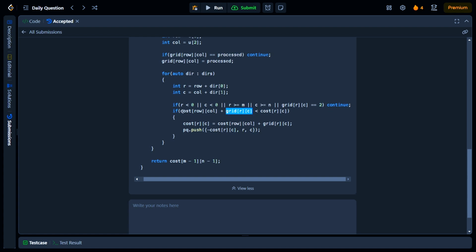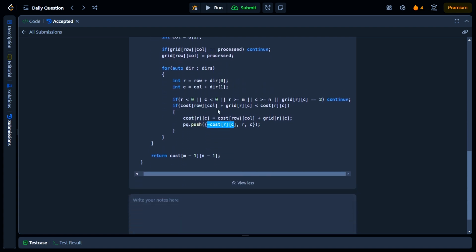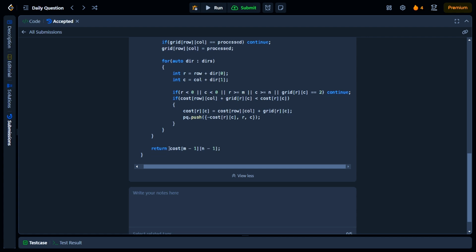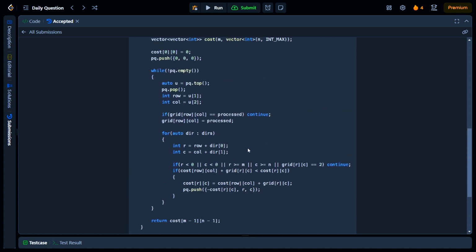So with the row and column being the current cell, the cost of the current cell plus the cost of moving to the next cell, the weight of the edge, if this is less than the cost of the cell that we're moving to, then we update it and we push the negative of the cost so that it will give the effect of a min heap instead of a max heap. So at the end, we return the cost of reaching the bottom right corner. So that is all for this problem.